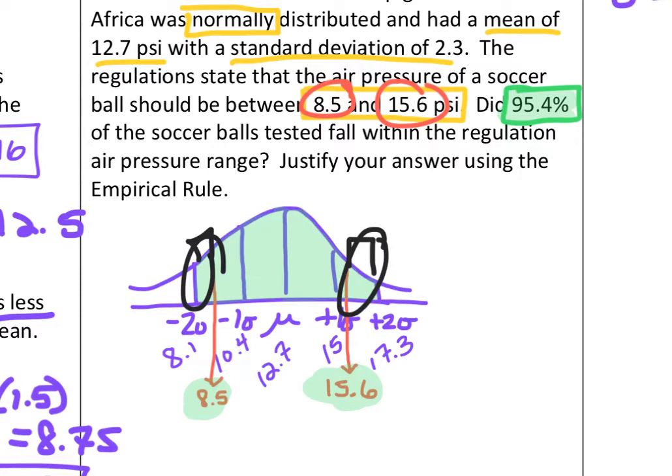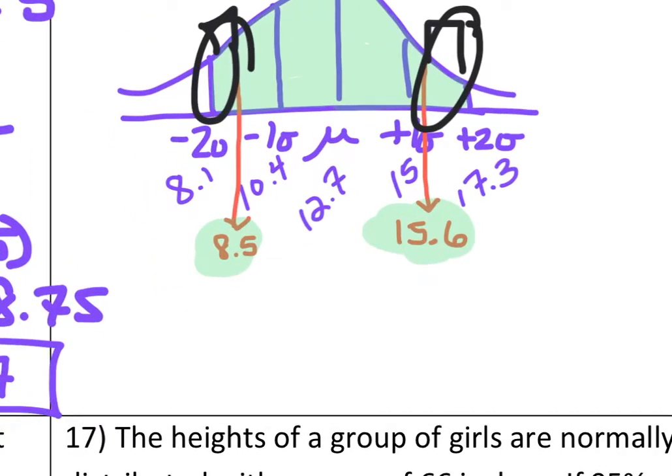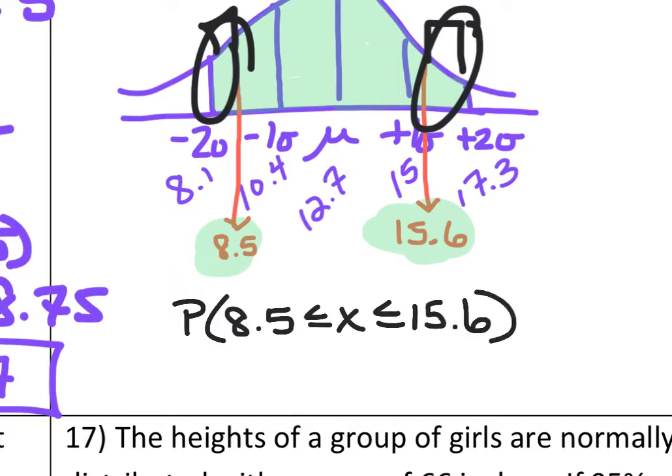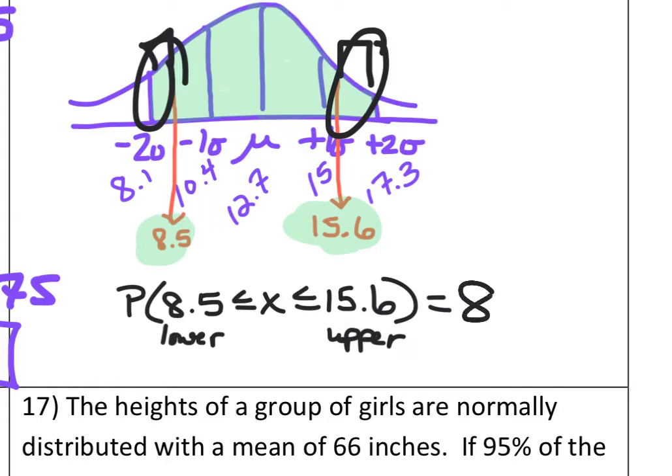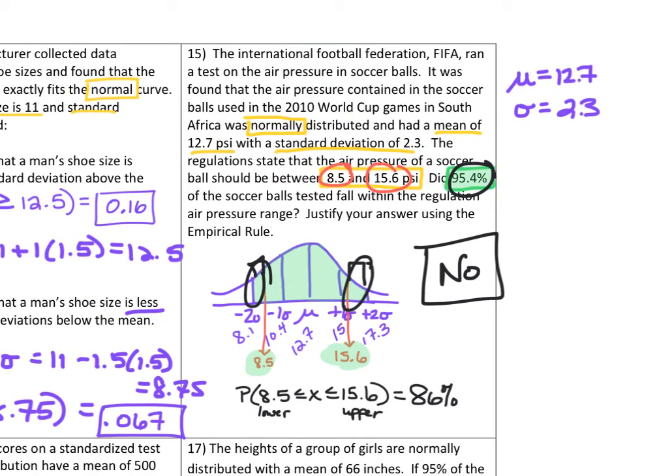And so if you wanted to compute a probability with your calculator using the normal CDF, you could look for the probability that X is between 8.5 and 15.6, normal CDF, and this would be your lower and this would be your upper, and you would find approximately 86%. No, only 86% of the balls fell within the regulation range.